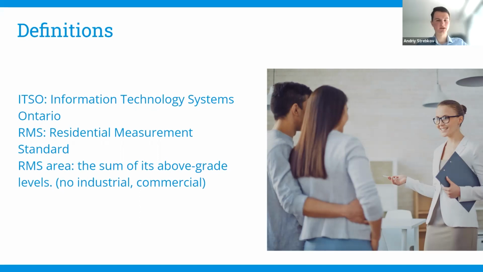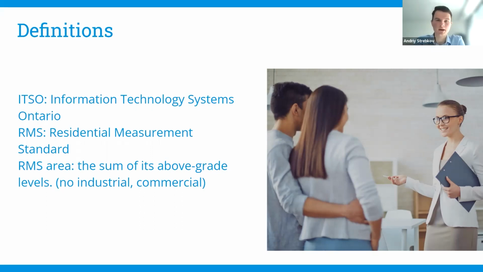This measurement standard was adopted quite a long time ago in Alberta, and has been used successfully. And now we have it here in Ontario. The only difference between the two is that in Alberta, you're obligated to use RMS when you report the square footage of a property.